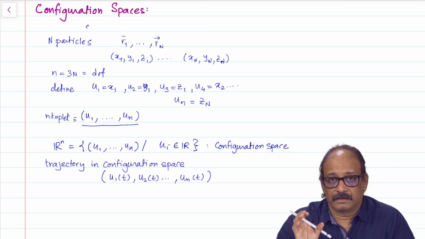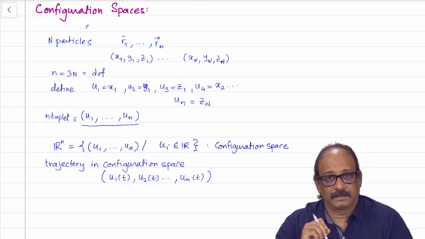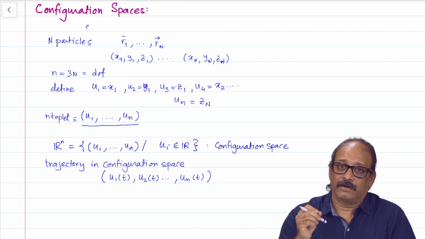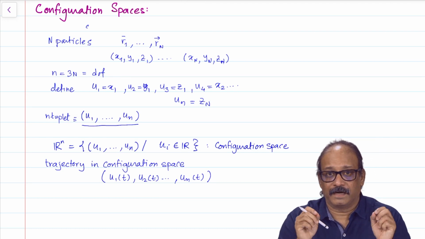Now, we should not be confusing between the two uses of the word trajectory. We have individual trajectories of all the particles in the real world, and also we have a trajectory of the entire system.